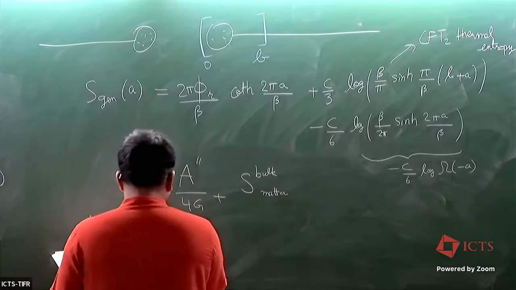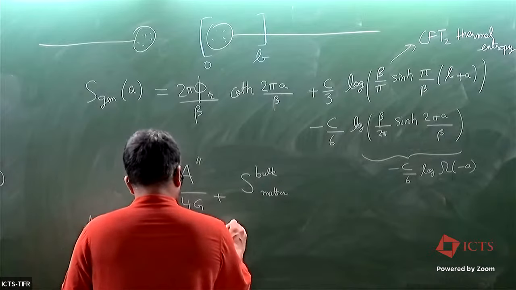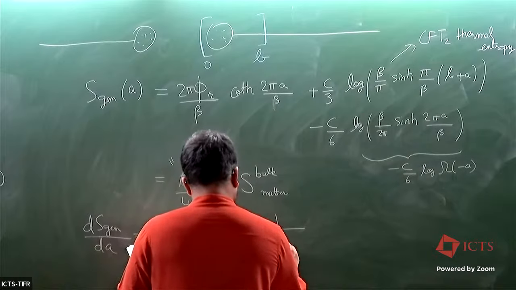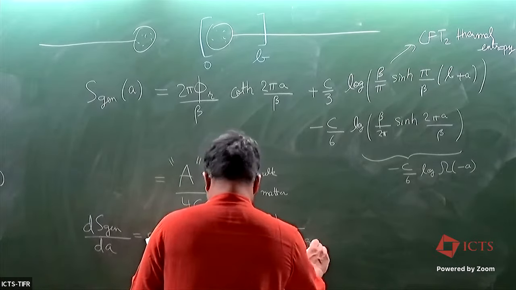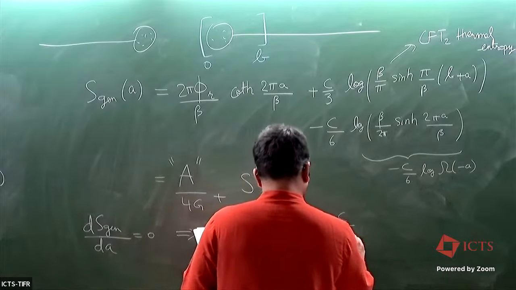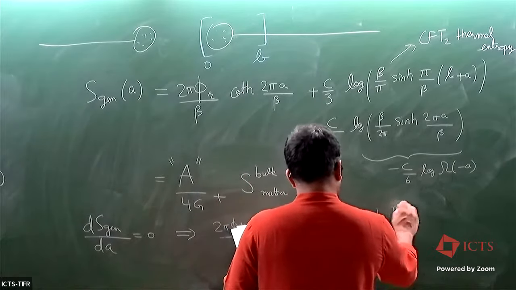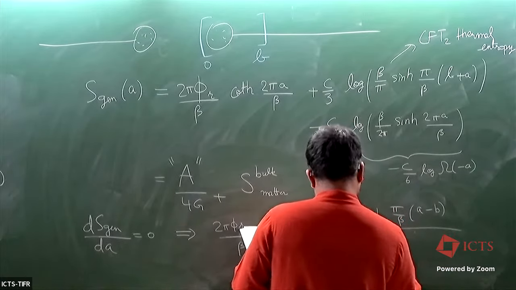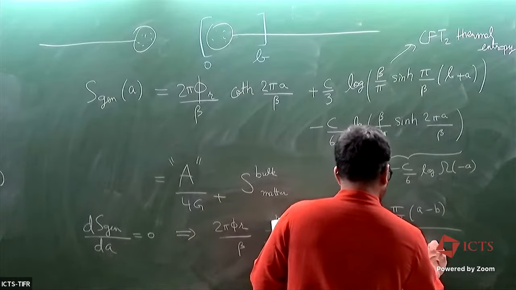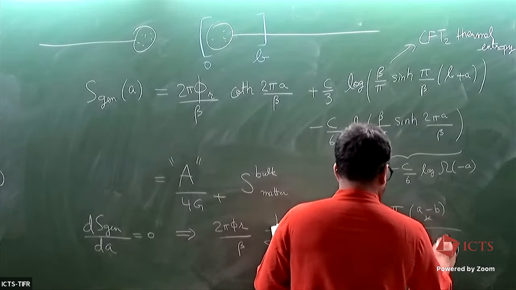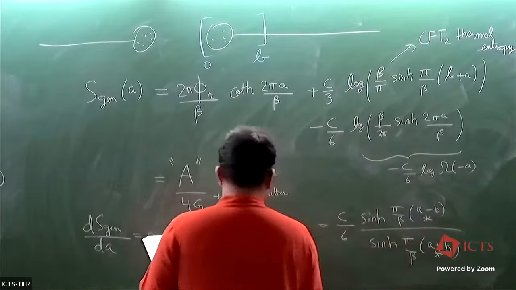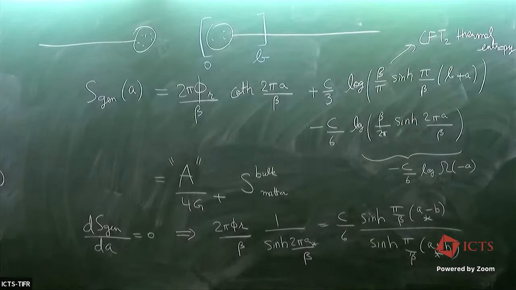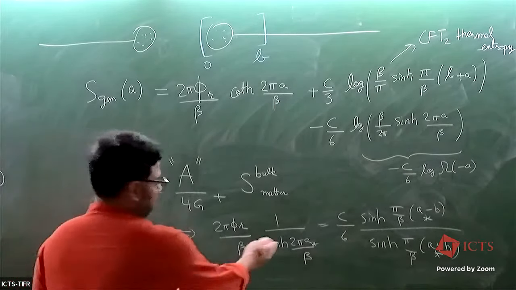The condition becomes 2 pi phi r over beta, 1 over sinh of 2 pi a over beta, equals C over 6 times sinh of pi over beta (a minus b) over sinh of pi over beta (a plus b). So let me call it a star. This is the equation that determines a star. It's not easy to solve exactly, but it gives you some answer.